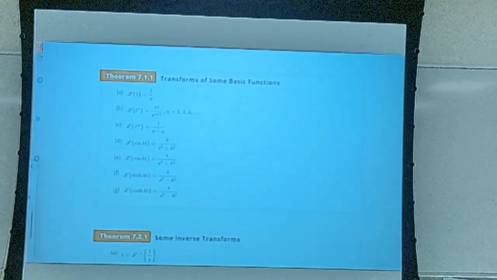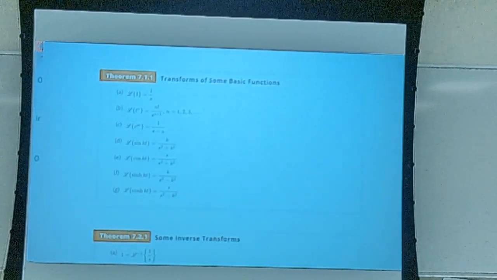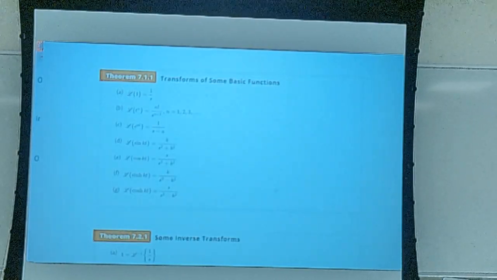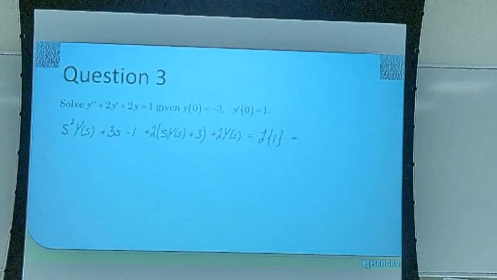It's pretty large. Okay, it should now be available in SharePoint. The transform of 1 is just 1 over s, right?